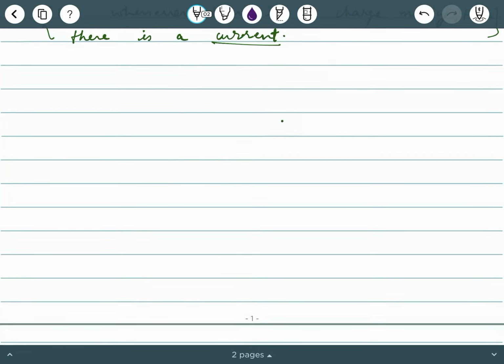If I write a much better line actually, then I should write that study of electric charges in motion is called current electricity.